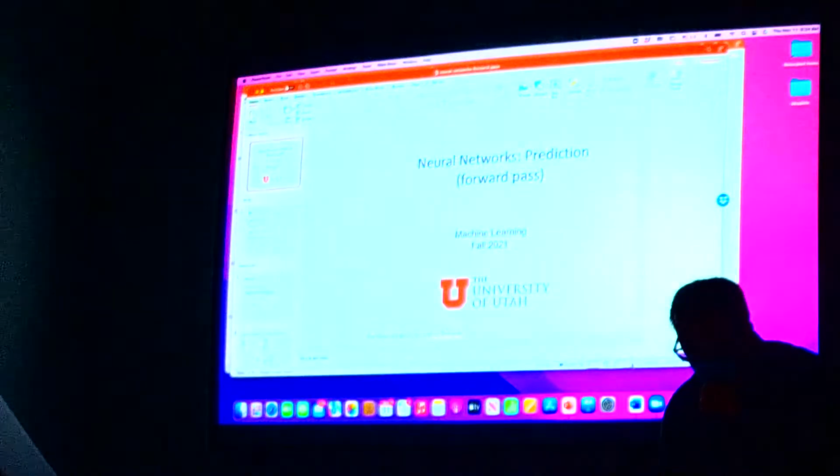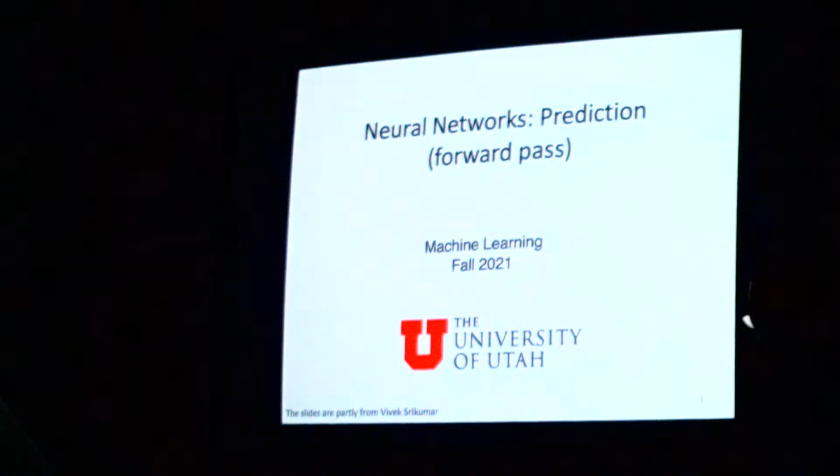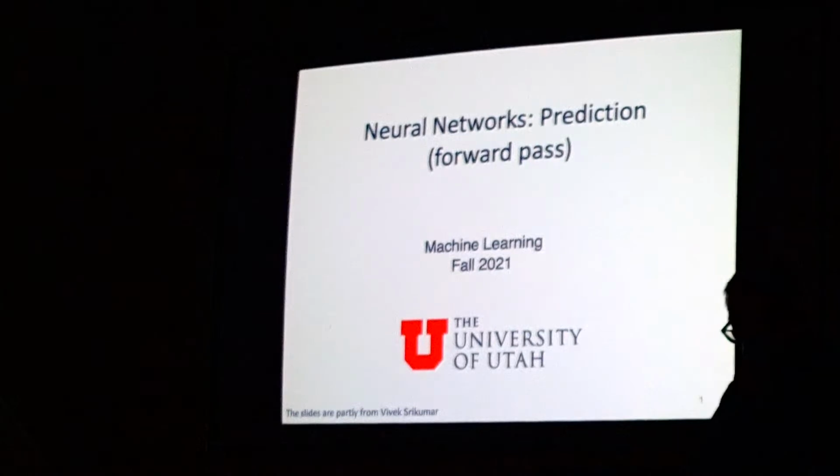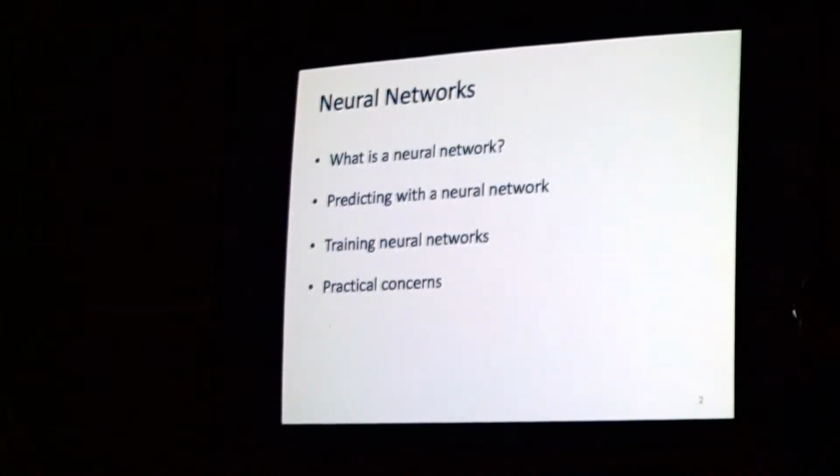So now, let us talk about how to make prediction. How to make prediction with a neural network is called forward pass. As we mentioned before, we first talk about the definition of neural network, and then how to make prediction with it.